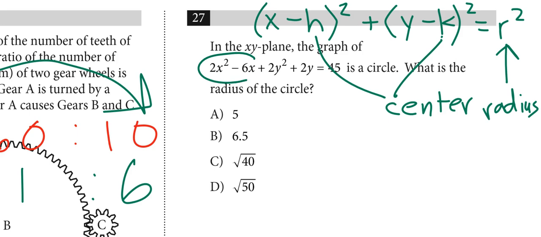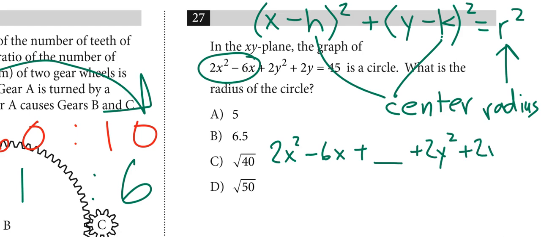So they need me to group the x's together. In fact, what they're going to be asking me to do here is completing the square. I know you guys hate that. I'm going to have to leave some space there, and I ran out of room. I'll have to put my equals 45 on the other side. Okay.